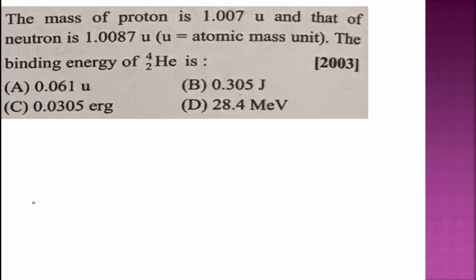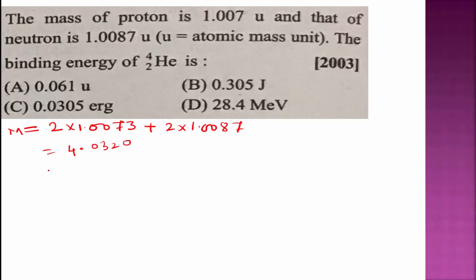The binding energy of 2He4 is, first, the mass: 2 × the mass of the proton, 1.0073, plus 2 × the mass of the neutron, 1.0087.